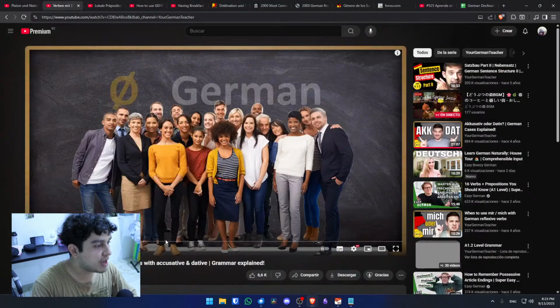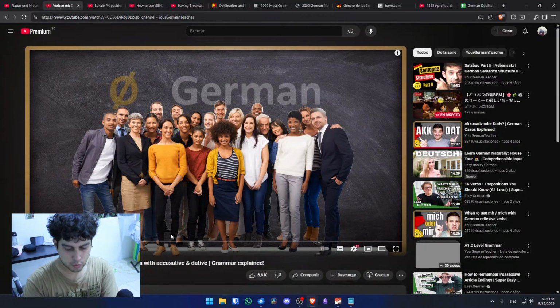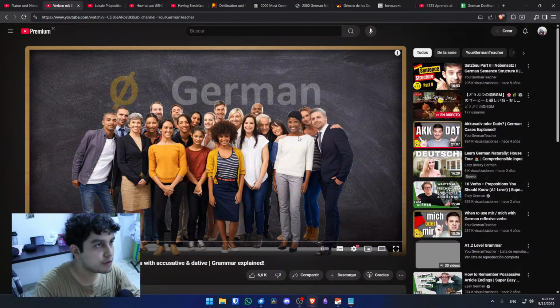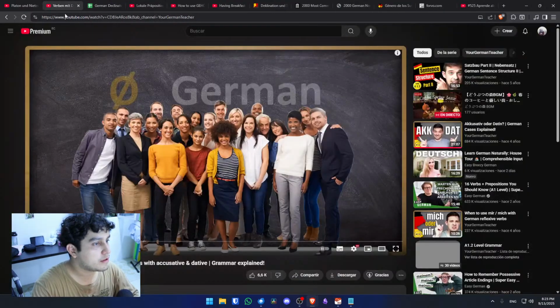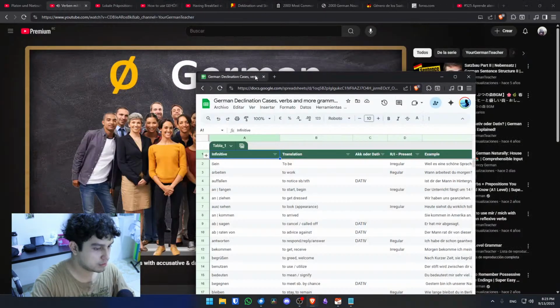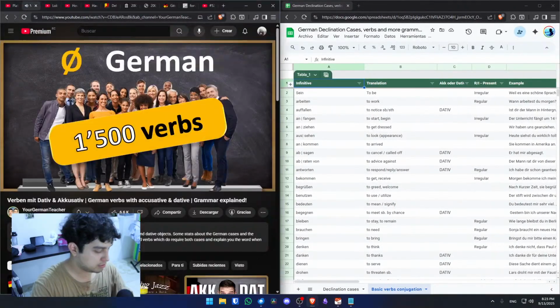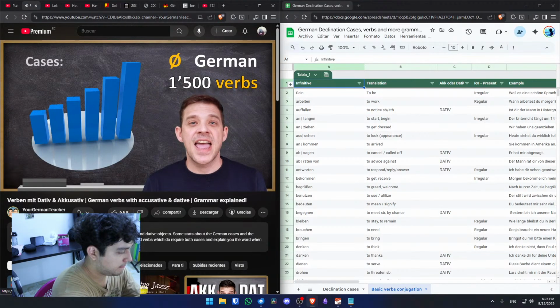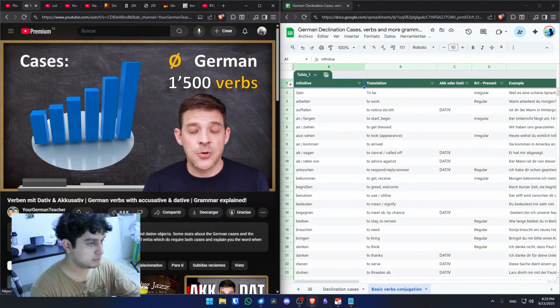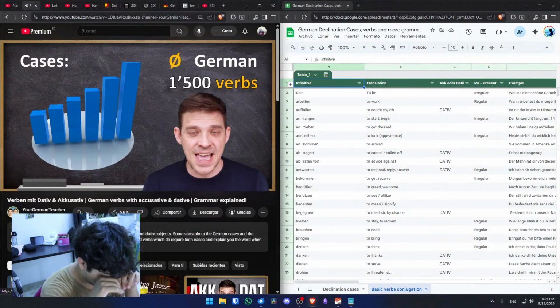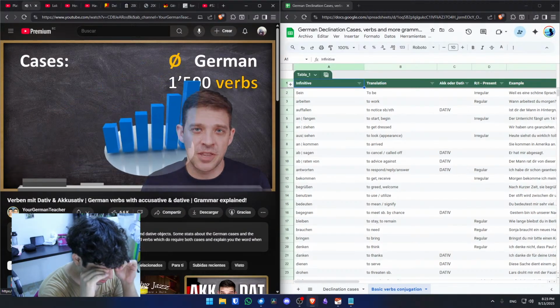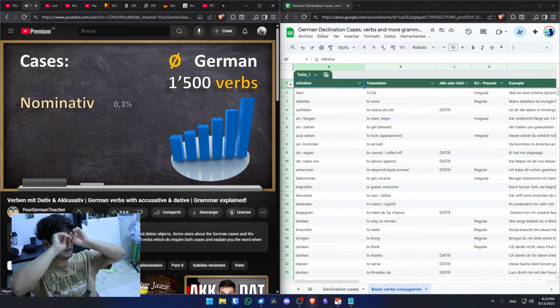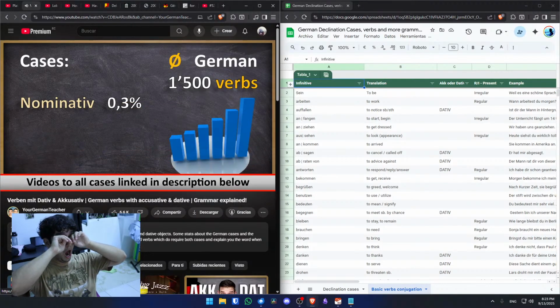Let's see the Verben mit Dativ und Akkusativ. See the difference. German knows around 1,500 verbs, and as you probably know already, each and every verb requires a specific case. There are 6 verbs which do require the nominative case, 0.3%, almost nothing.